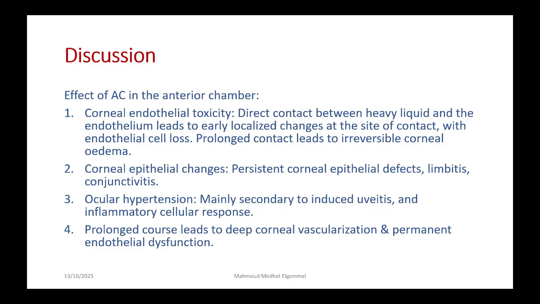Heavy liquid in the anterior chamber. First of all, if we have a little discussion on the physical properties of heavy liquid compared to silicone oil, heavy liquid is less viscous than silicone oil, both the regular silicone oil and the heavy silicone oil.